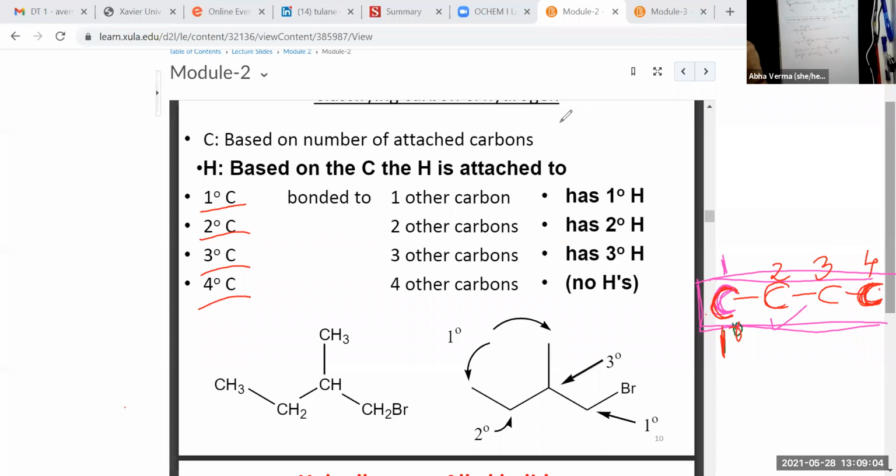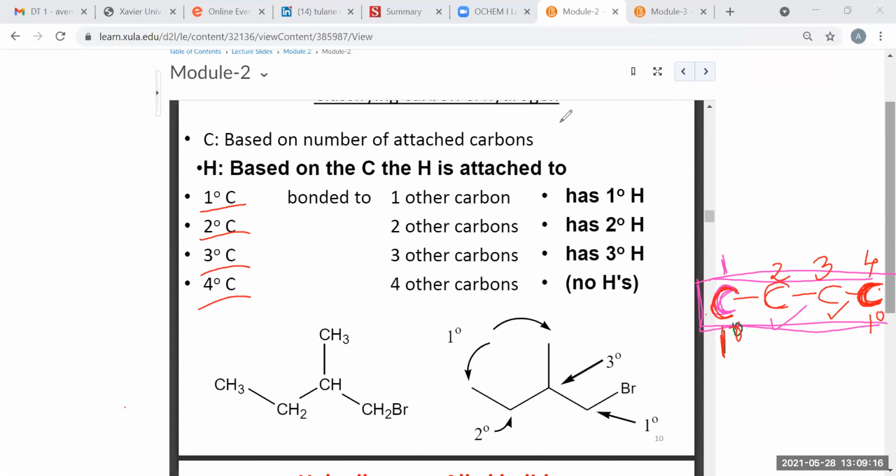So how many carbons is this carbon attached to? This carbon is only attached to one other carbon. So we will label this carbon also as a primary carbon. So it's going to be both memorization a little bit and then applications a lot. Okay, thank you. You're welcome.